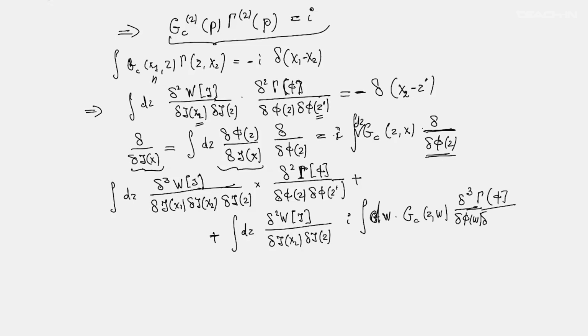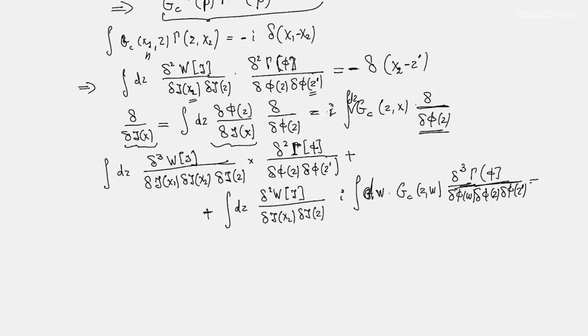And this is equal to 0, because on the right-hand side there is just a function which depends neither on phi nor on j. Therefore, the result will be 0.